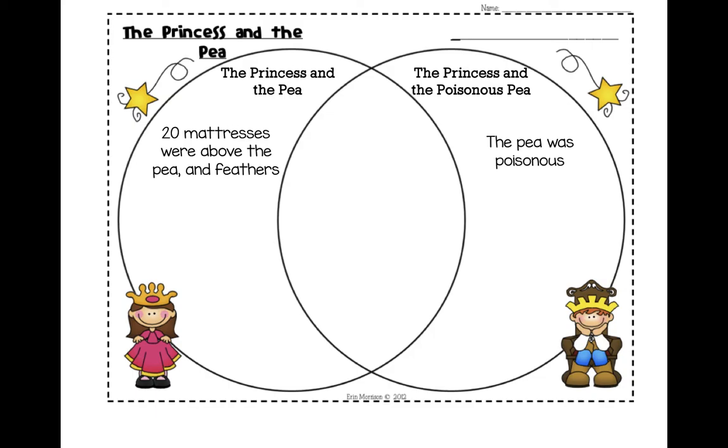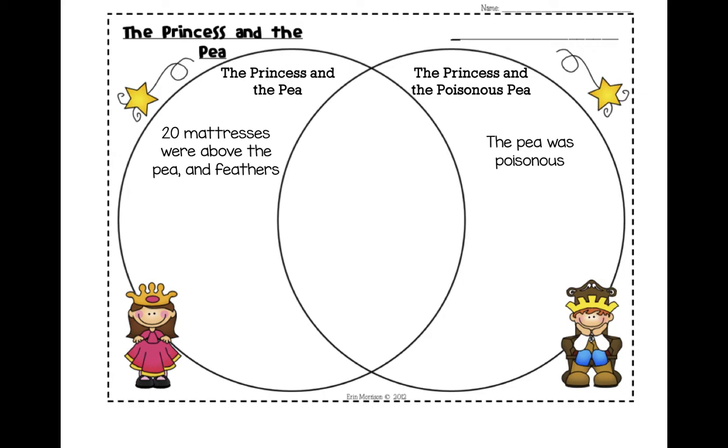That's a bunch. In The Princess and the Poisonous Pea, they only put 10, and there were no feathers. So if you wanted to, you could go back to The Princess and the Poisonous Pea side and write that there were only 10 mattresses. But I decided to just write this one point on the Princess and the Pea side. I thought that was a little bit interesting, that little difference.